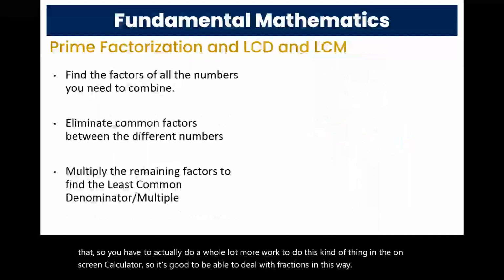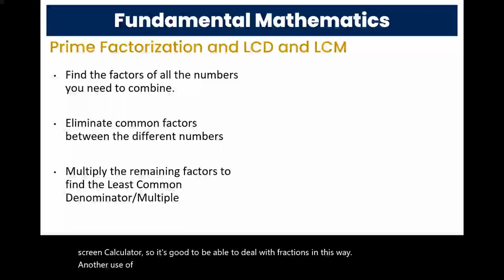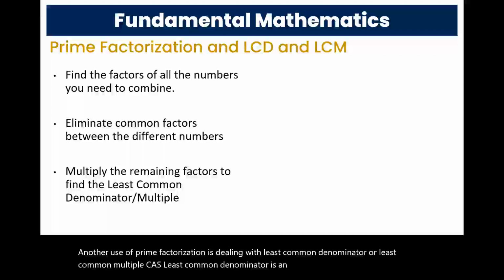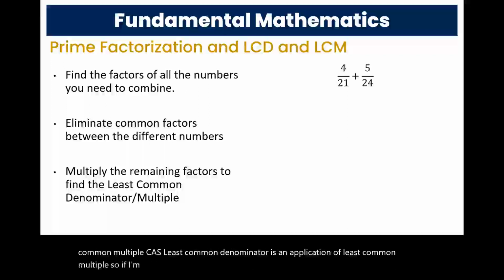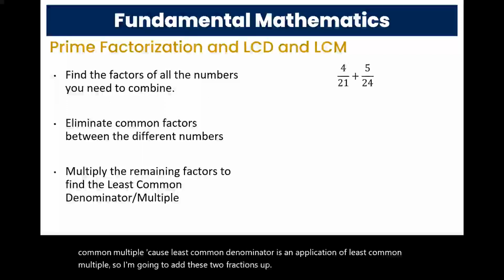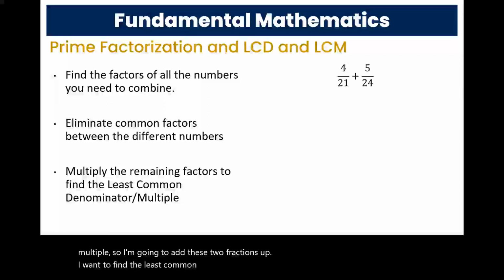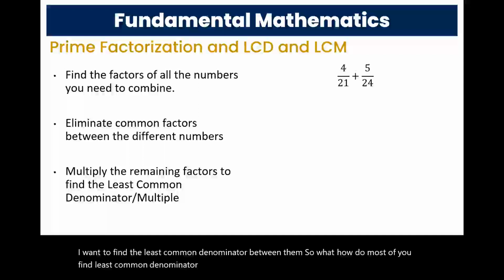Another use of prime factorization is dealing with least common denominator or least common multiple, because least common denominator is an application of least common multiple. So if I'm going to add these two fractions up, I want to find the least common denominator between them. So how do most of you find least common denominator right now? If I had to add these two fractions, what do you think you would probably do?